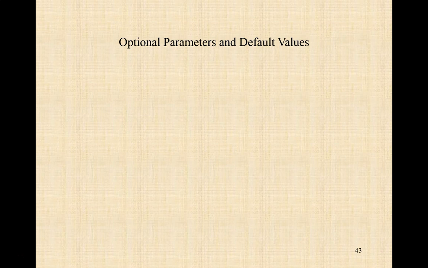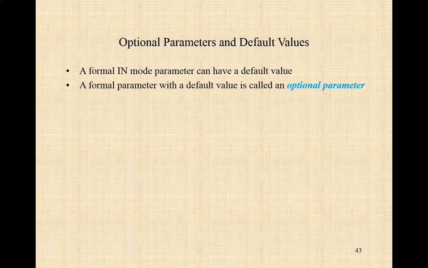When you declare a formal in parameter, you can specify a default value, in which case the parameter is referred to as an optional parameter, which means that when you invoke this constructor, you don't have to provide a value.